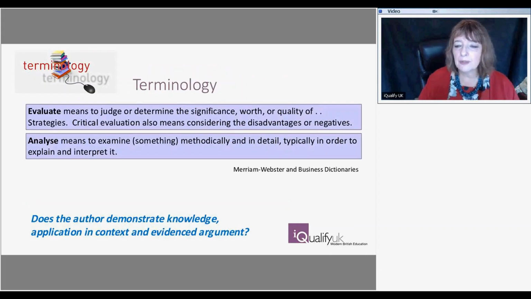So what's our terminology then? Well, the first thing is evaluate means to judge or determine the significance, worth or quality of strategies. Critical evaluation also means considering the advantages and disadvantages, or negatives actually. Analyze means to examine something methodically. So that's different from explain.